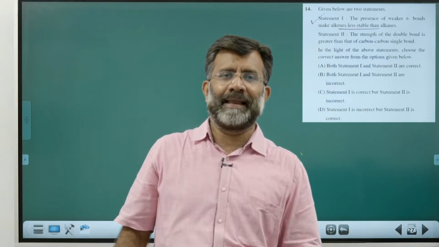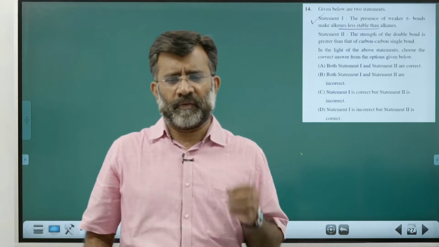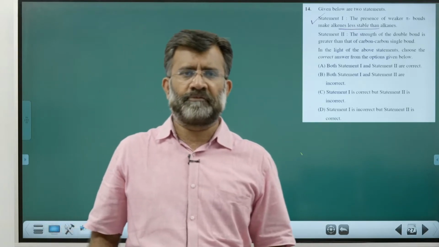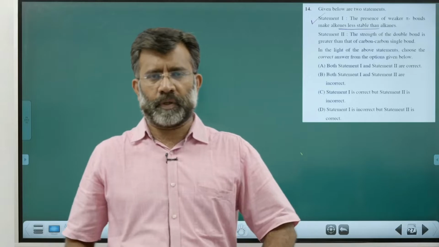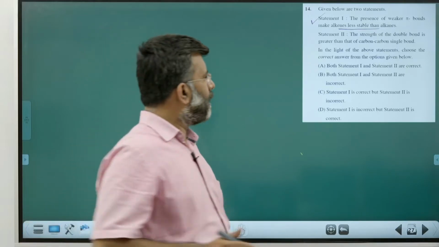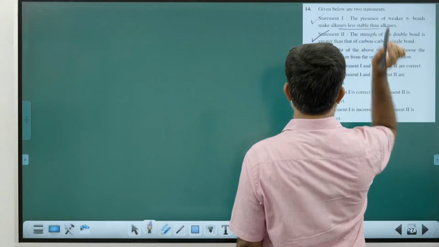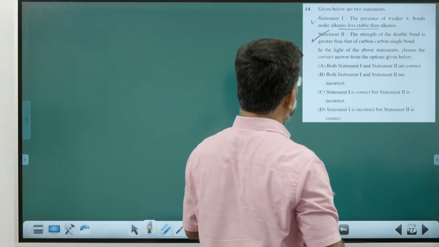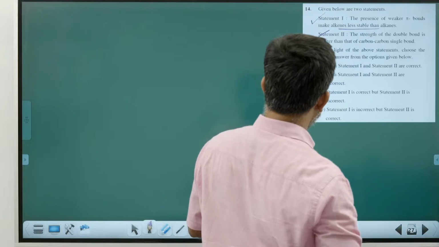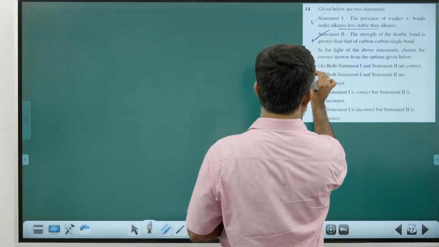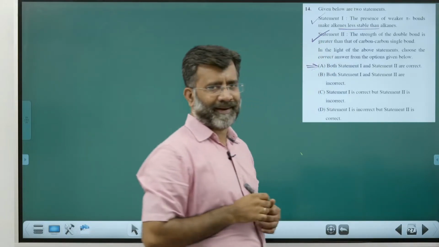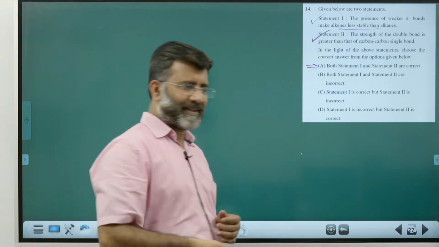It is easily attacked by electrophiles. A well-written statement, and the facts and figures we know regarding the reactivity of alkenes agree. Now coming to the second one, the strength of the double bond is greater. That is also a true statement. Which one? Option A. Both statements 1 and 2 are correct. That is the correct answer. Next question.